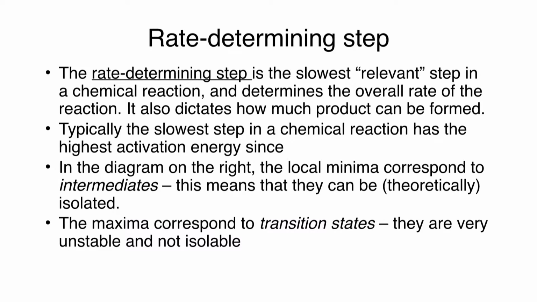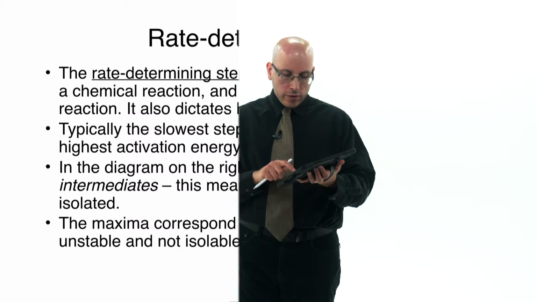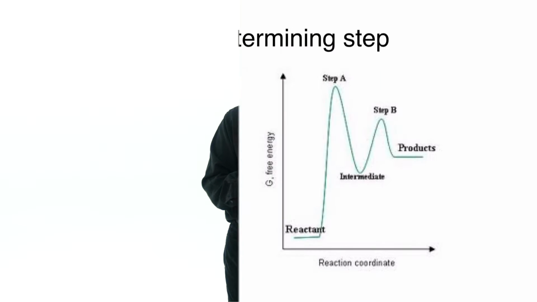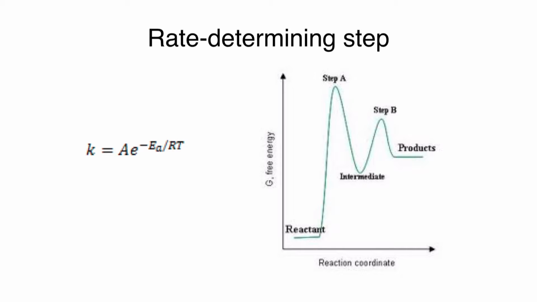Typically the slowest step in a chemical reaction has the highest activation energy. I'll show you a picture of what this looks like over here. For a certain chemical reaction, there's something called the Arrhenius equation, which says that the rate constant k is equal to some constant A, the pre-exponential factor, multiplied by e to the minus activation energy over RT.